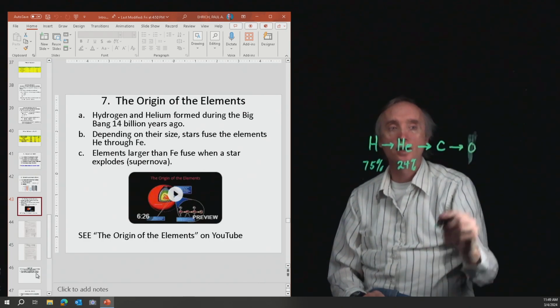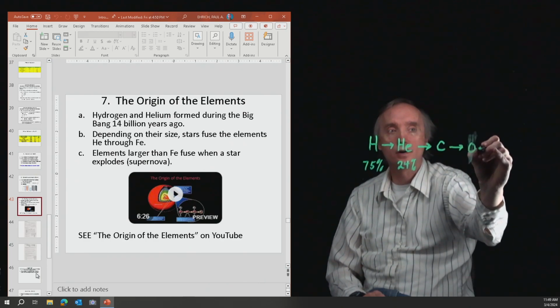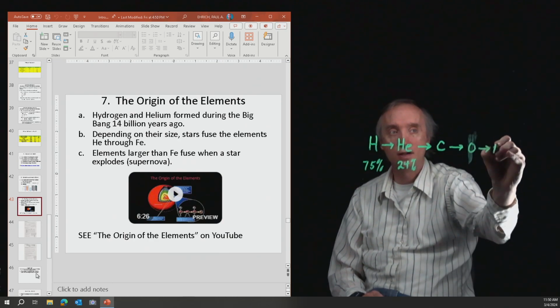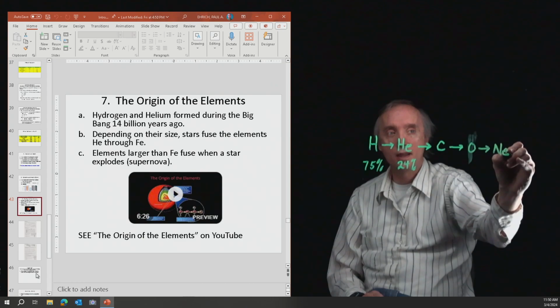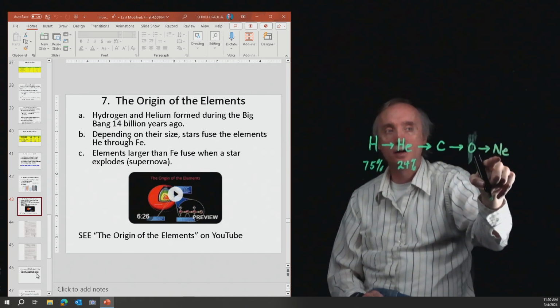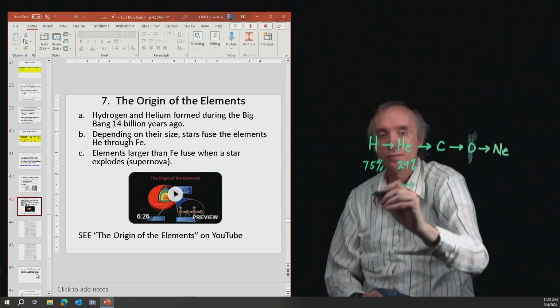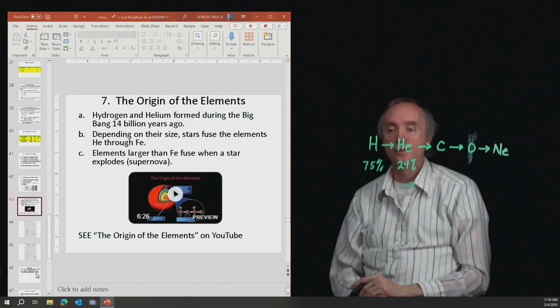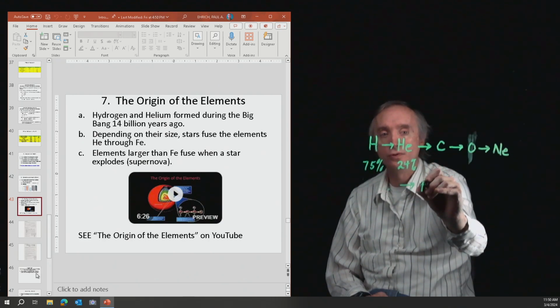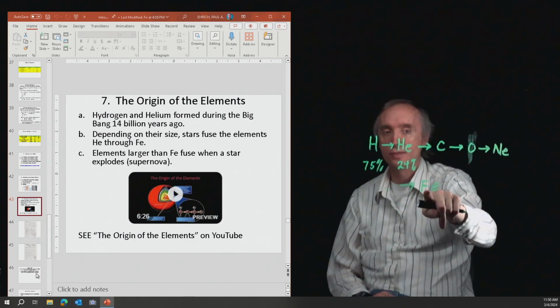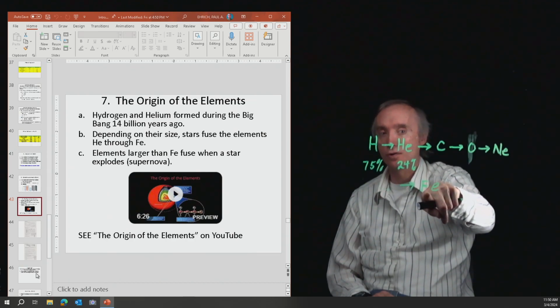And then in even hotter stars, oxygen can be fused into neon. And then finally, neon can eventually be fused, and there would be some other reactions here, so I'll just put ... And then eventually it could be fused into iron. Now only the very, very biggest stars will be able to manufacture iron in their cores.